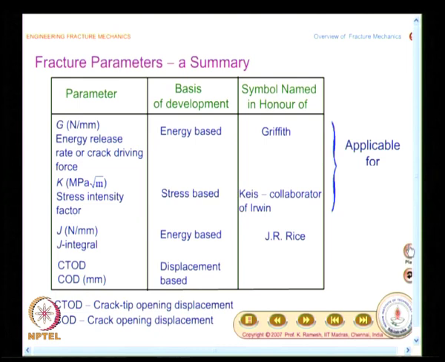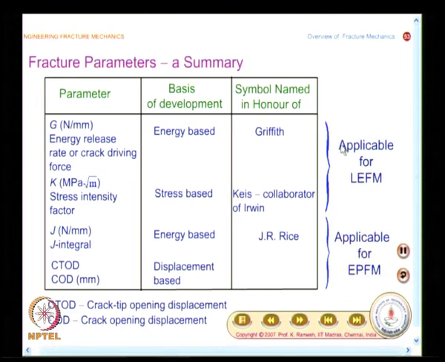When you say a tip is a point, the point cannot open, but you still have in fracture literature a parameter called CTOD. When we take up the issues related to displacement and so on, we will look at how CTOD is defined. For the time being, you understand there is CTOD available as well as COD available, and these parameters can also be looked at from different points of view.